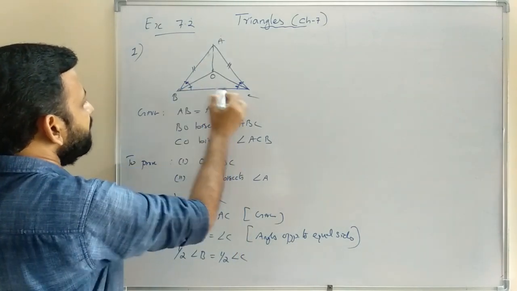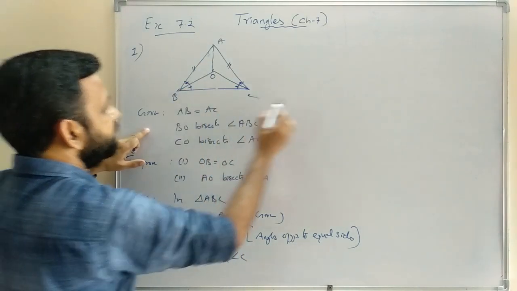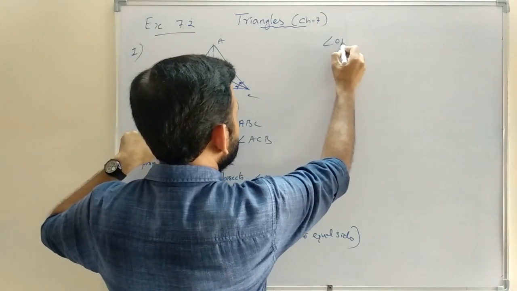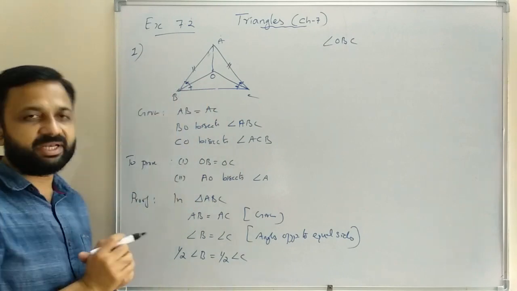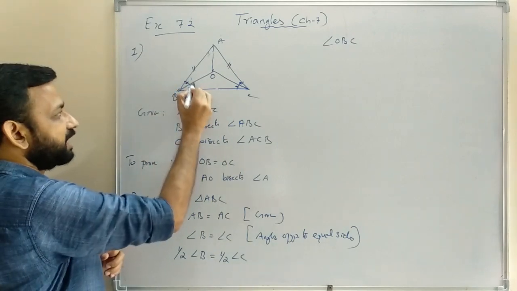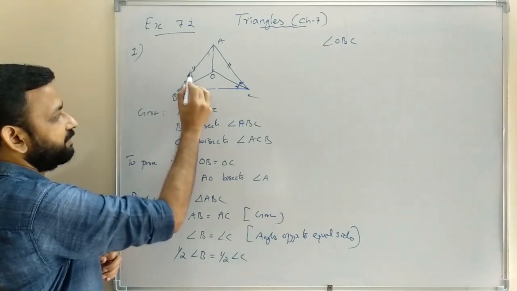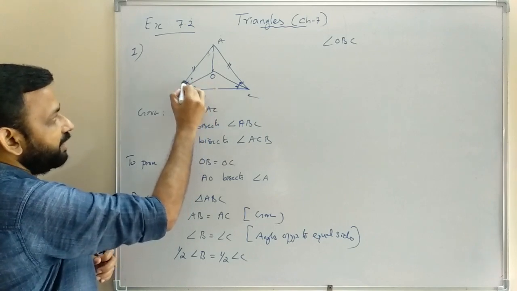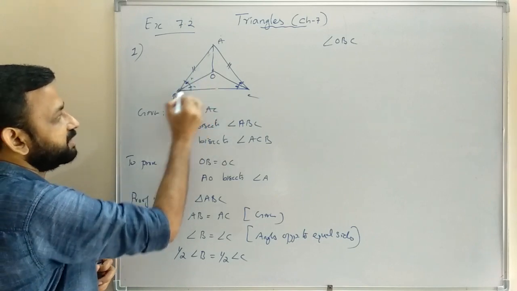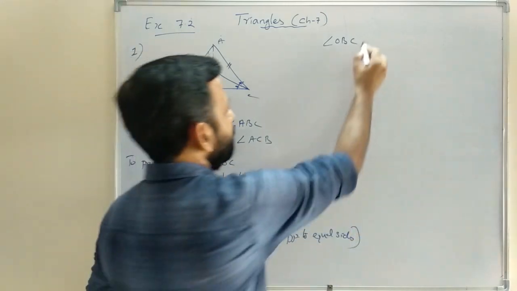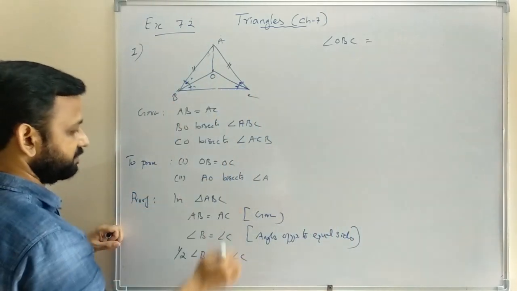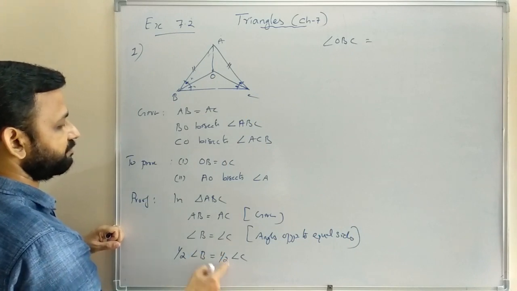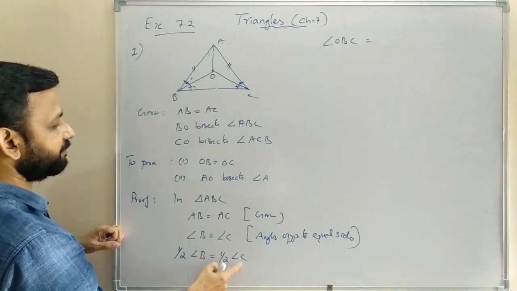Then half of angle B is angle OBC, because BO bisects angle B, that is given. So half of angle ABC is angle OBC, and in the same way, half of angle ACB, or half of angle C, is angle OCB.